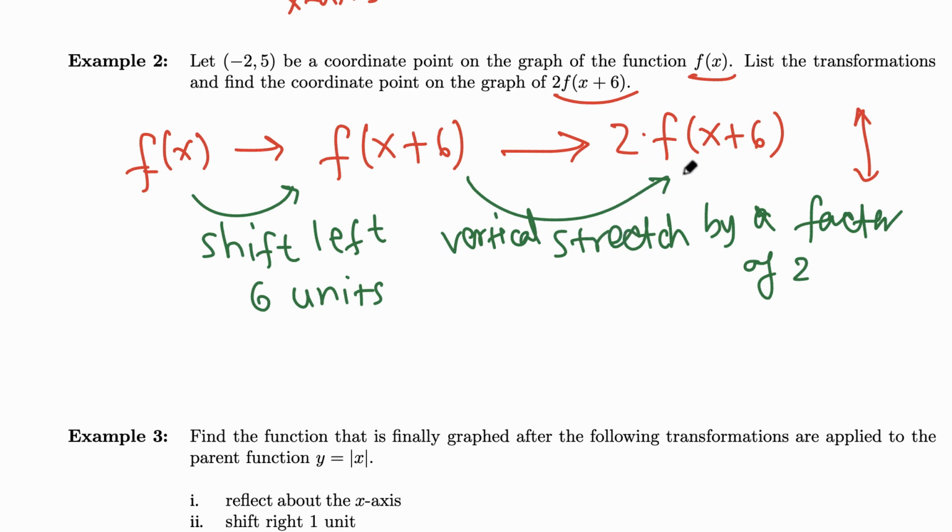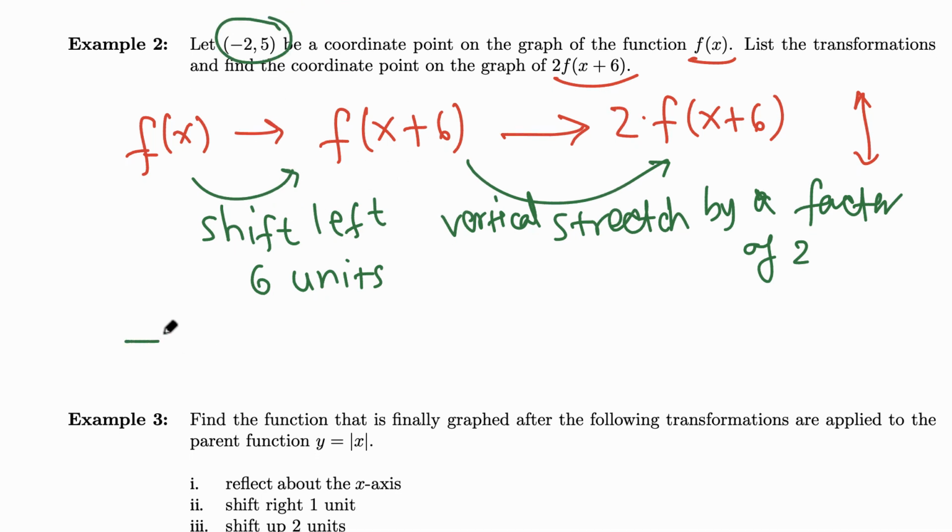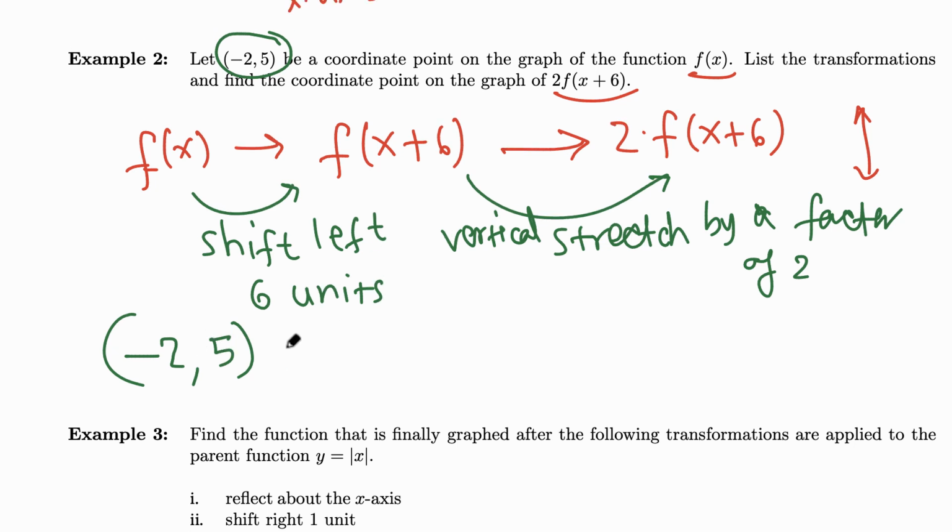Now we have described the transformations. How about the point (-2, 5)? This point lies on the graph of f(x). Shift left 6 units. Left means it affects the x coordinate, and y remains the same.